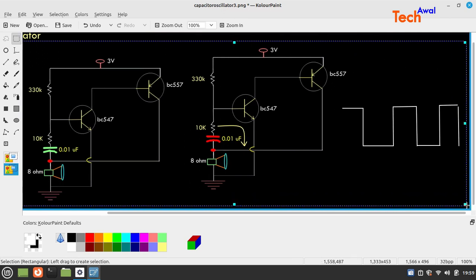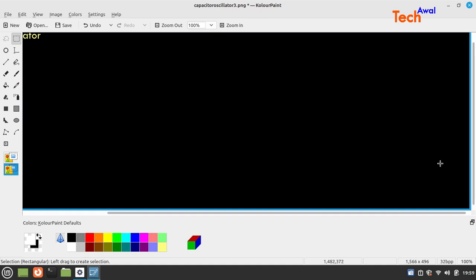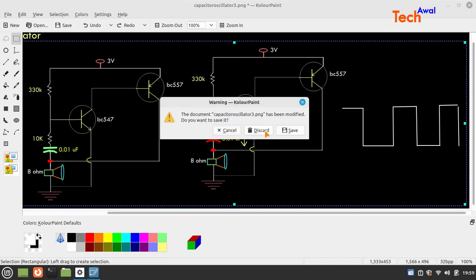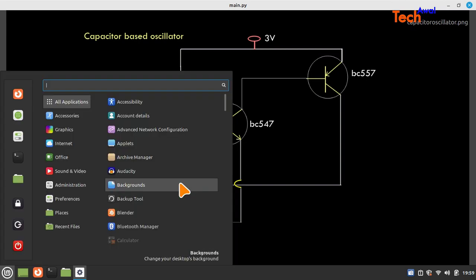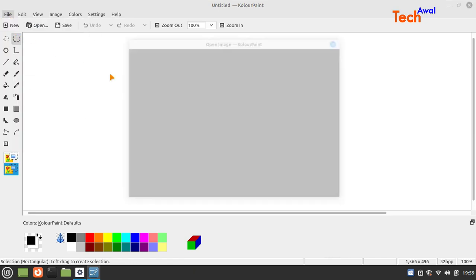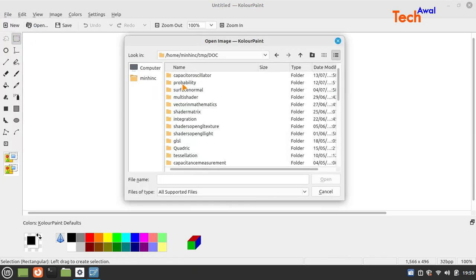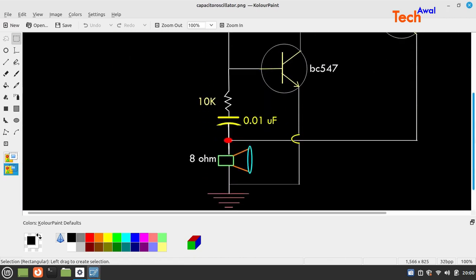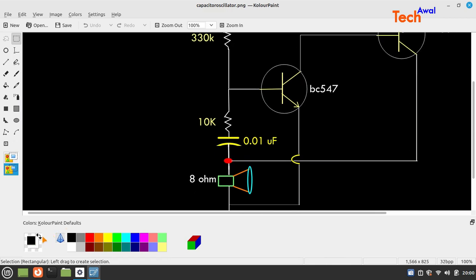Okay, so now we understood that the capacitor is behaving like a variable resistance. In the lab session, I have taken 1 microfarad, so it won't be that high-speed tick tick tick.